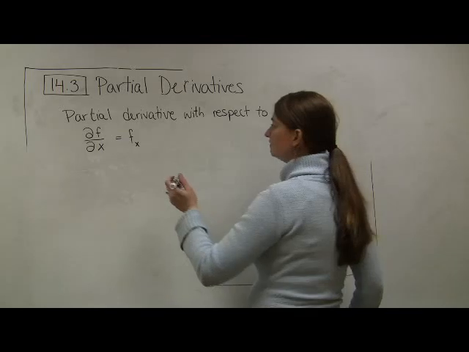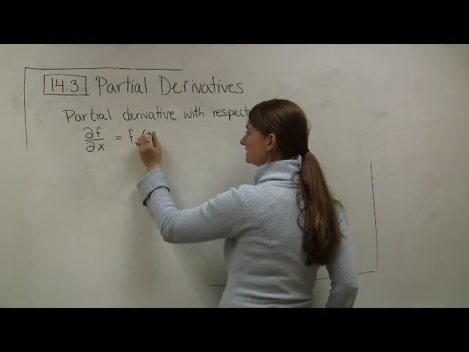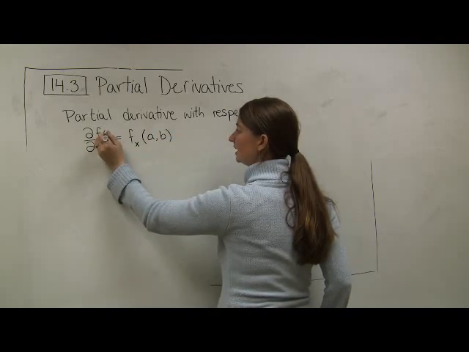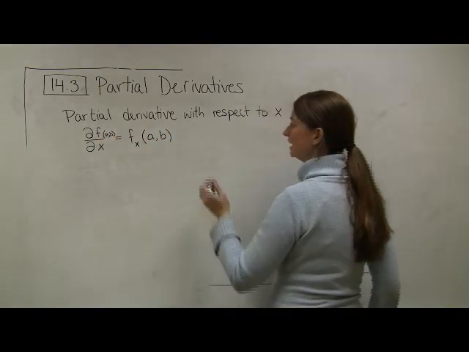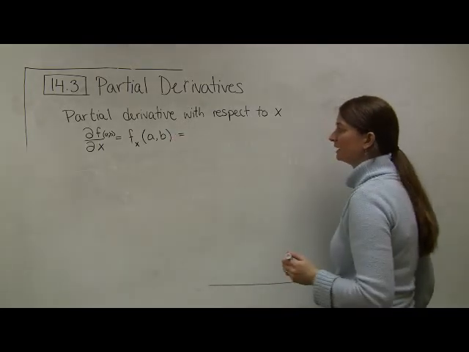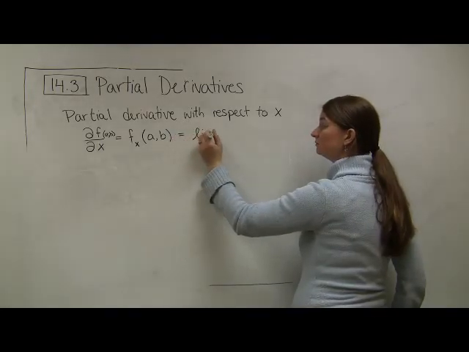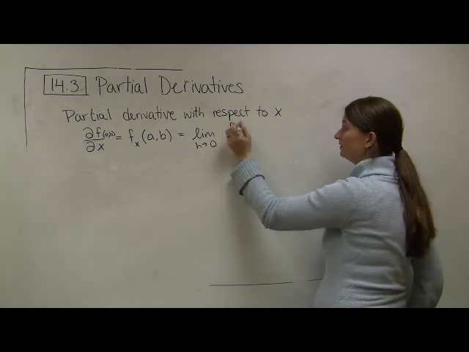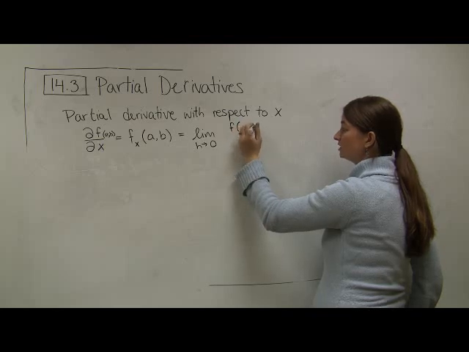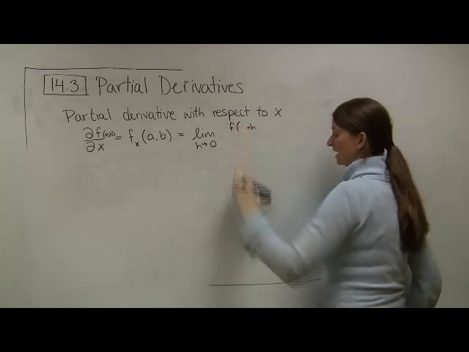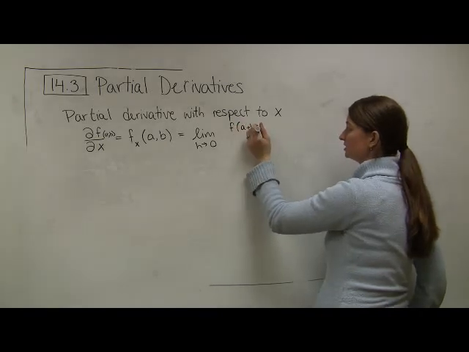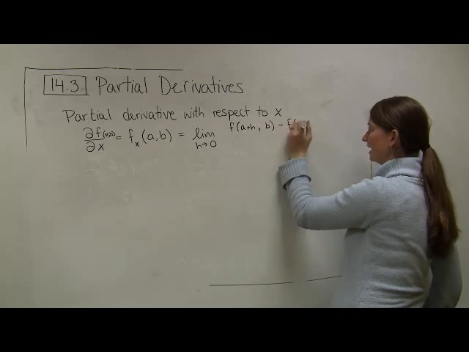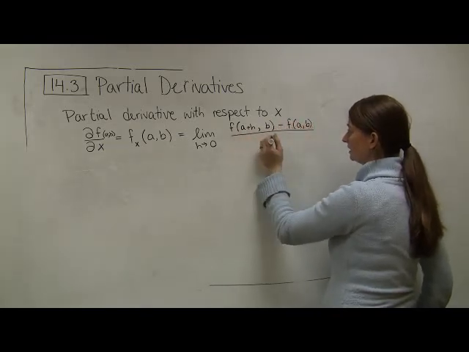And if I'm going to evaluate this partial derivative with respect to x at some point a, b, my definition, maybe I should add my a, b here if I'm actually defining it, my partial derivative at a point. It's going to be equal to the limit as h approaches 0, looking familiar, right, of f of a plus h, comma b, minus f of a, b, all divided by h.